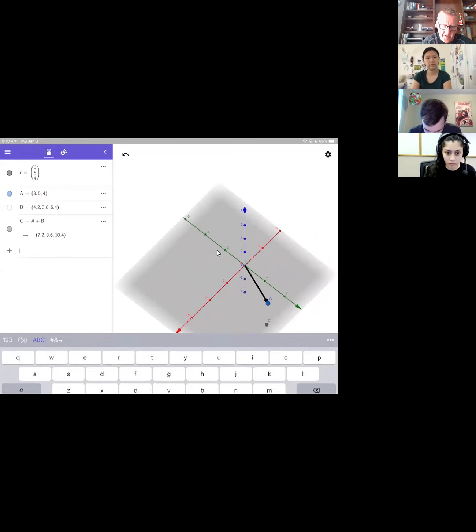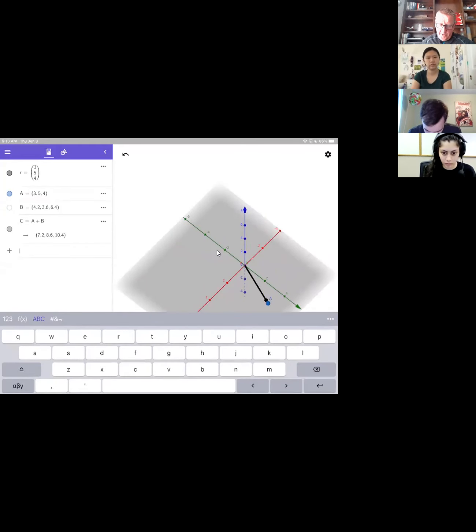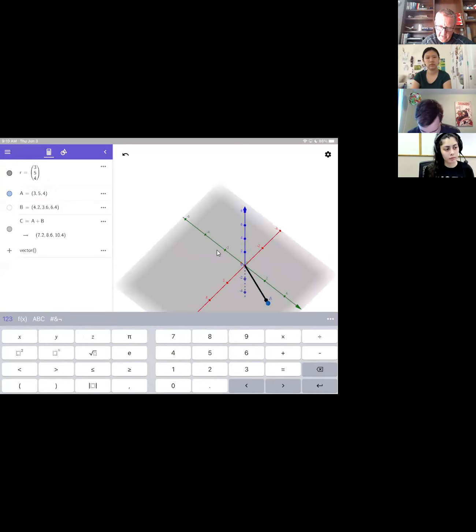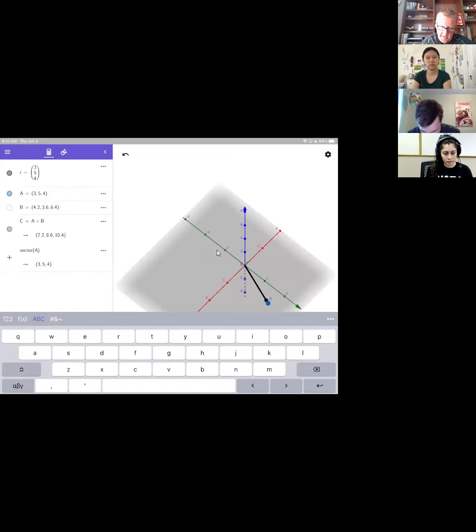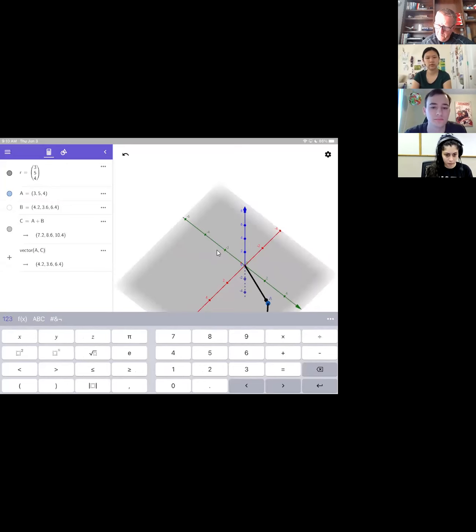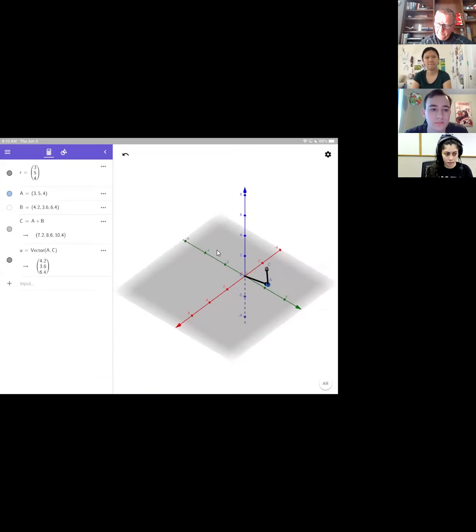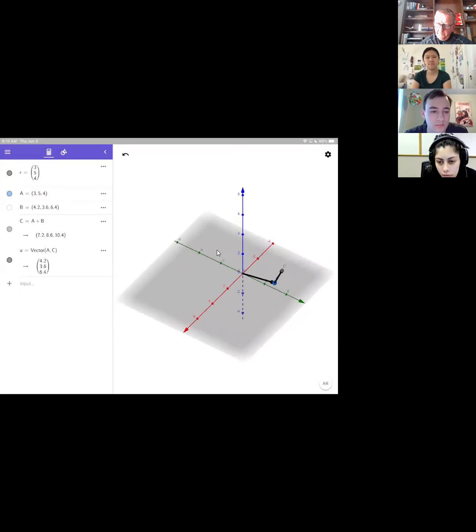So now if I say vector V, I think I have to type the word vector here. I'm not sure about that actually, because vector is actually a command in here. And I'm hoping it lets me do this. So I need a vector from A to C. And notice it actually told us what that vector is.